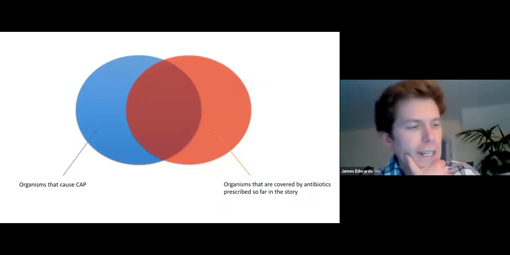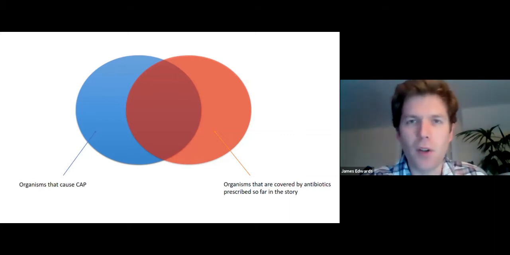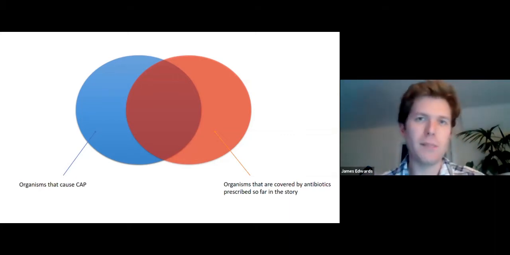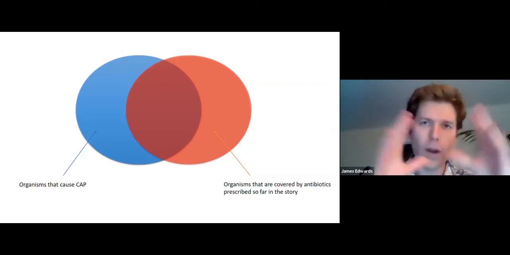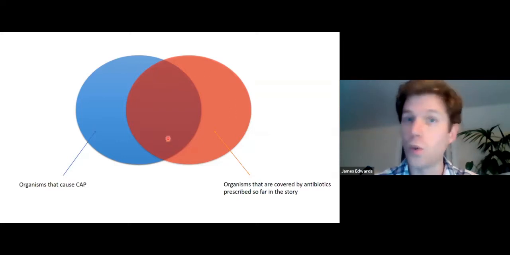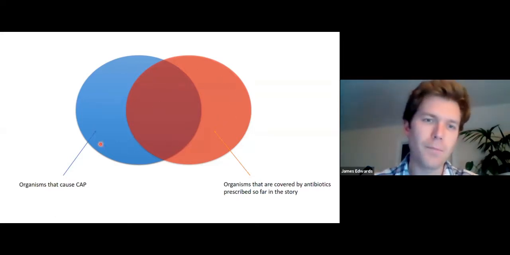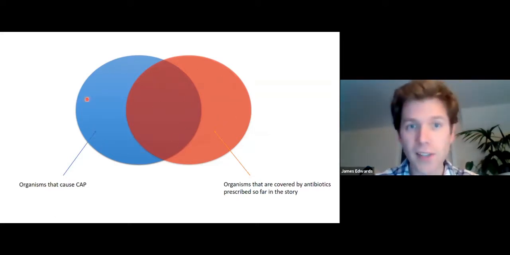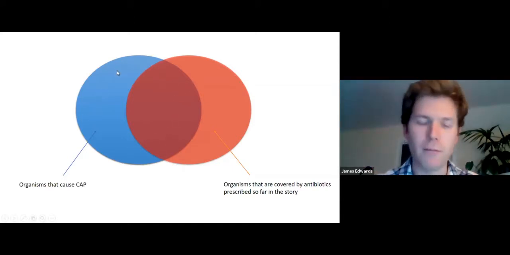Just to reiterate, I introduced this idea in the amoxicillin video. Whenever you prescribe an antibiotic, there's always going to be not quite a perfect overlap between the infective agents that your drug kills or stops growing, and all the other organisms that in this case are going to cause community-associated pneumonia, but whatever infection.